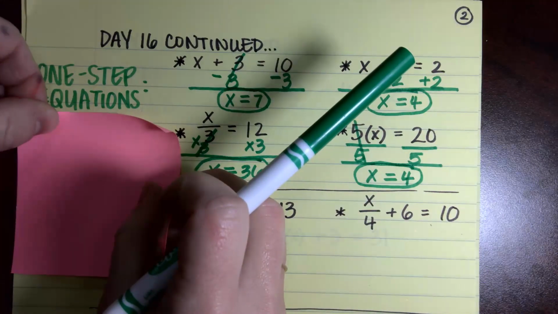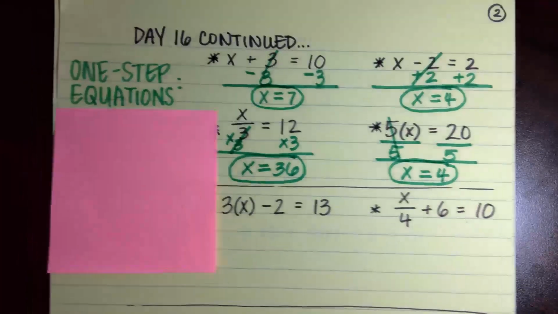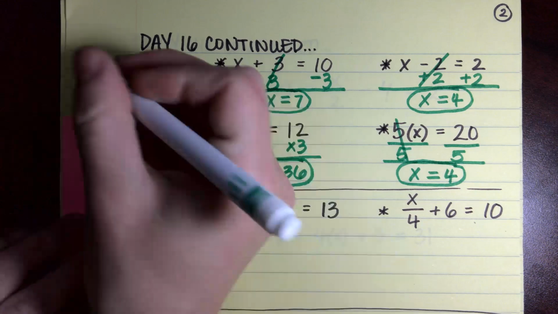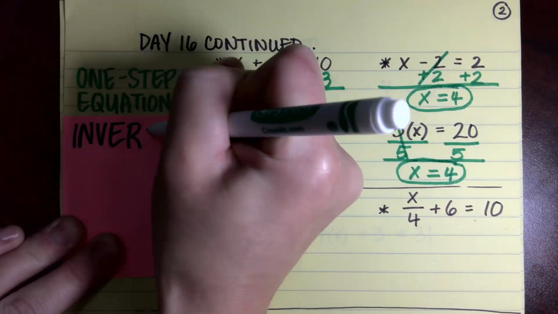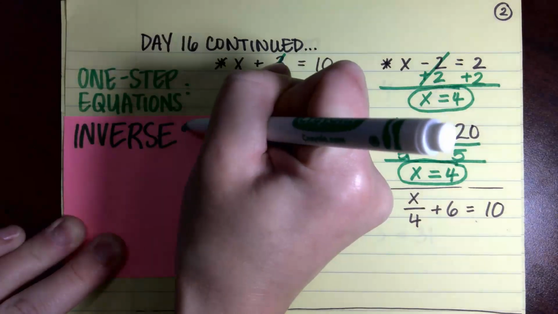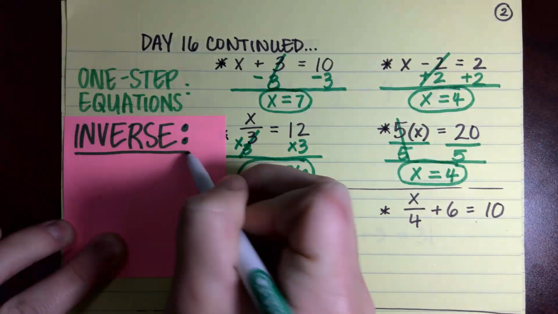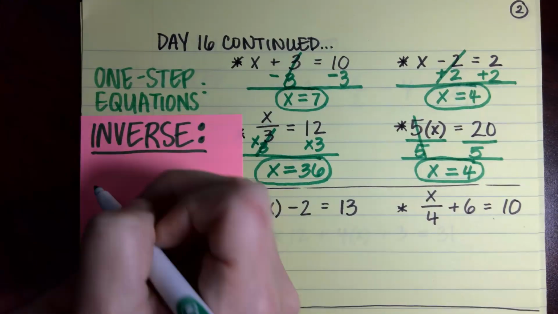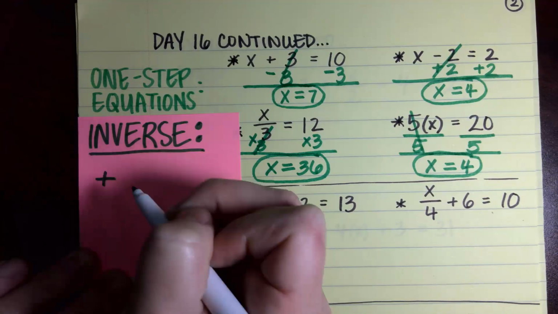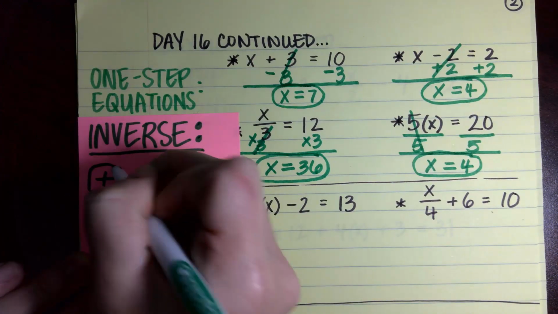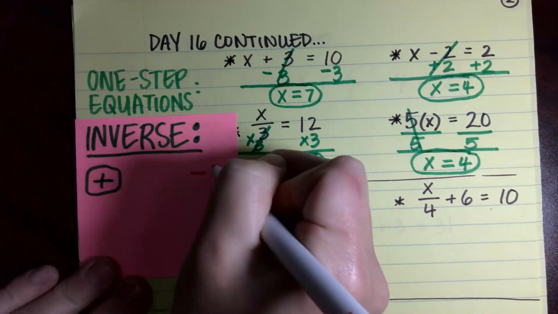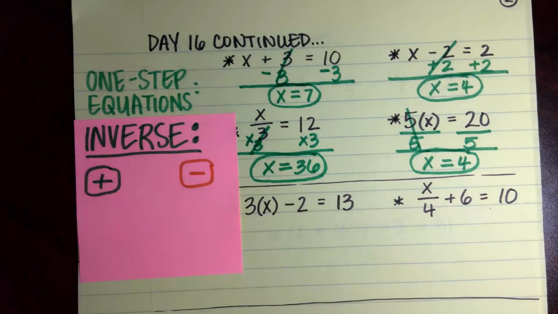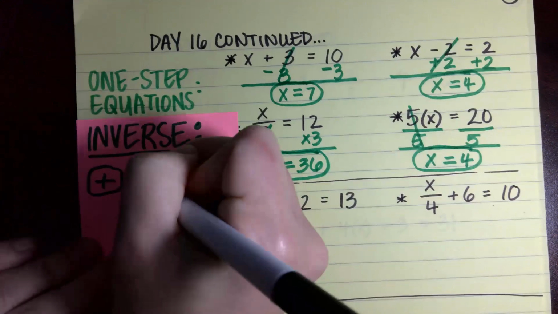So if you want to make another note as a reminder, I'm going to make a little note for myself. So I'm going to write the word inverse, and I know that the opposite of addition is subtraction. I'm going to draw a little arrow between those.